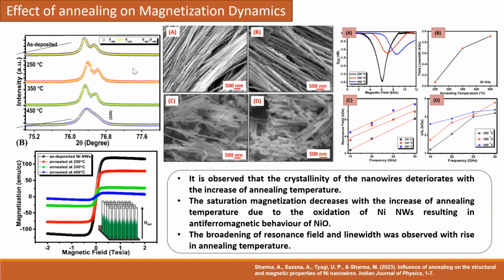So this figure one shows the XRD image of the nickel nanowires. The first one shows the as deposited. Then when we go for annealing temperatures from 250, 350 degrees Celsius to 450 degrees Celsius, we see that the crystalline phase deteriorates and becomes broader as we go up to 450 degrees Celsius.